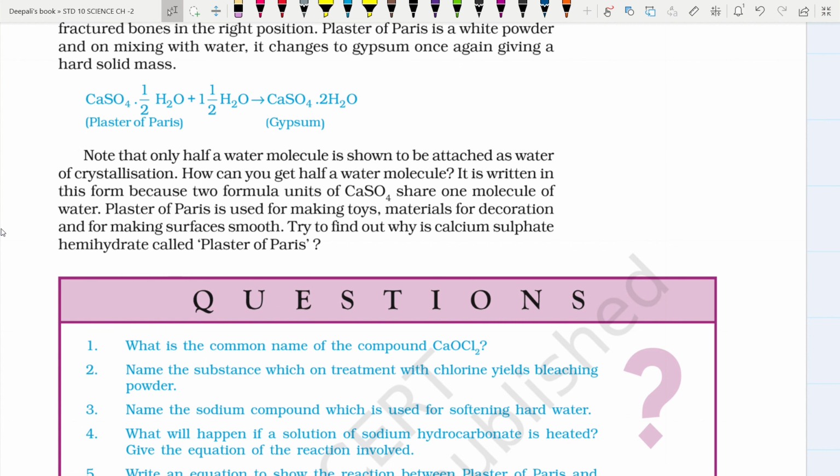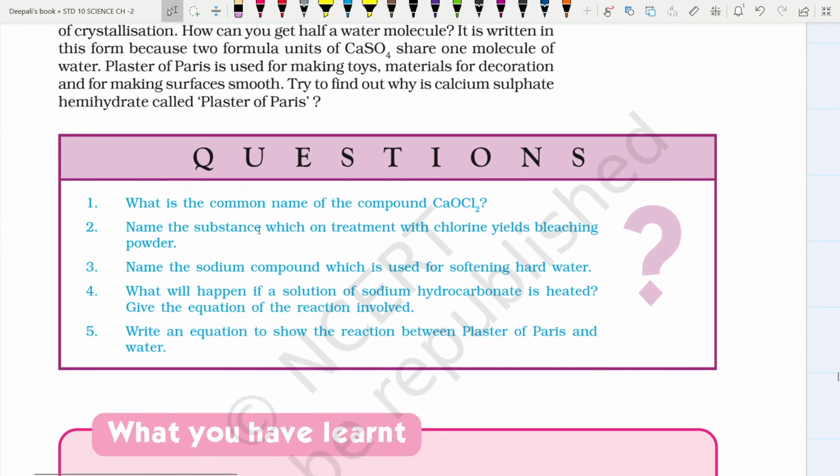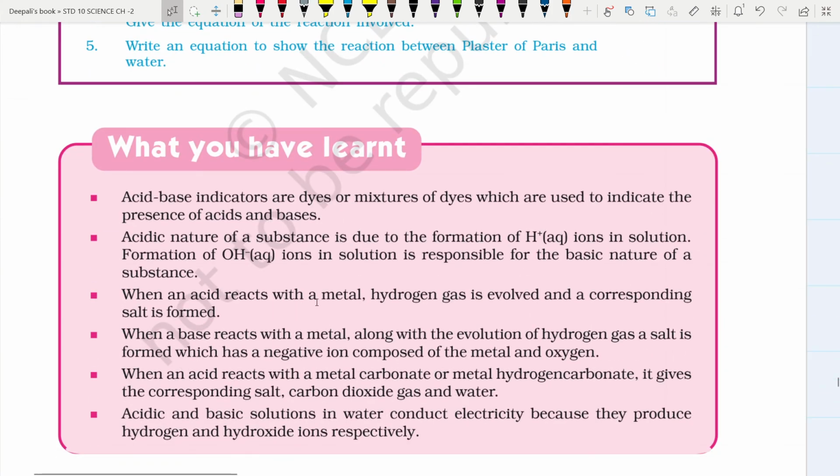So we can see that the plaster of Paris, which is calcium sulfate hemihydrate, is that very much clear?